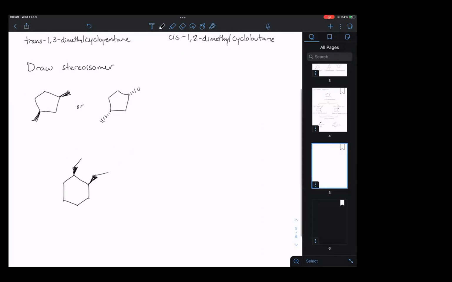Okay, this would be cis-1,2-diethylcyclohexane.